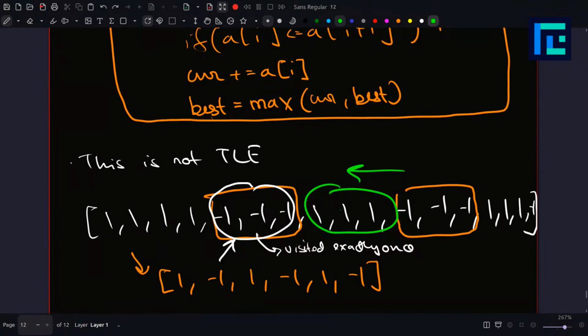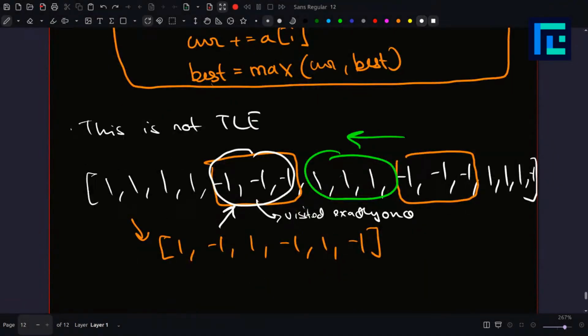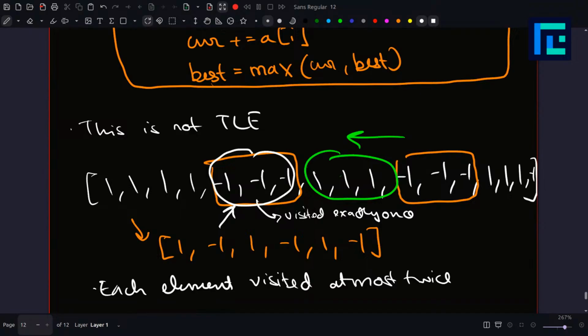So basically, each element is visited at most twice. As you observe, we're visiting each element at most twice, so it's actually only big O of n, right? 2 times n is big O of n itself.